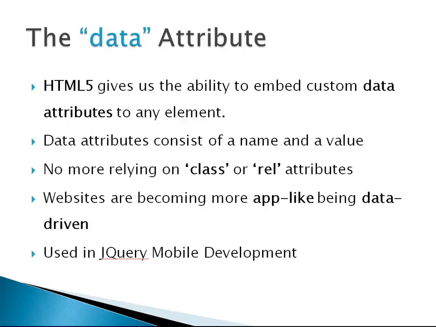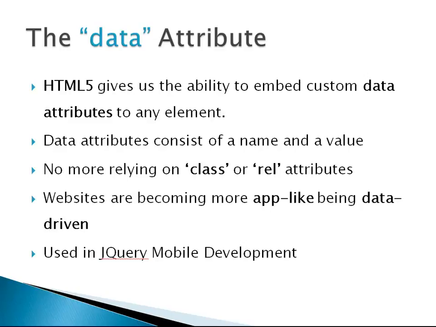Alright, so the data attribute is something that's new to HTML5 and mobile development, and it gives us the ability to embed custom data attributes into any element. Data attributes consist of a name and a value. We don't have to rely on class or rel attributes to be data specific.